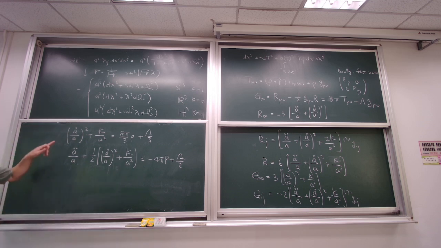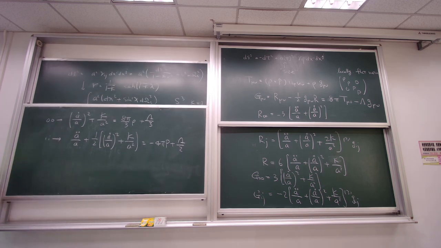Okay, so this is the 0 component of the Einstein equation, and this is the i j component. You get this one. And these are called the Friedmann equations.